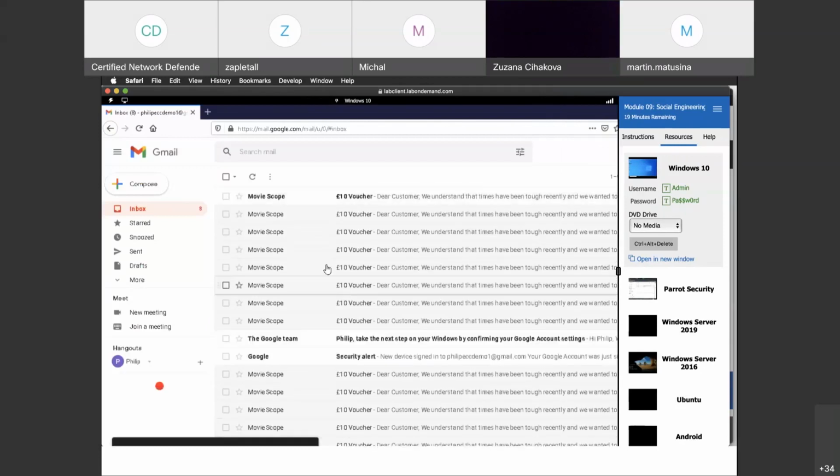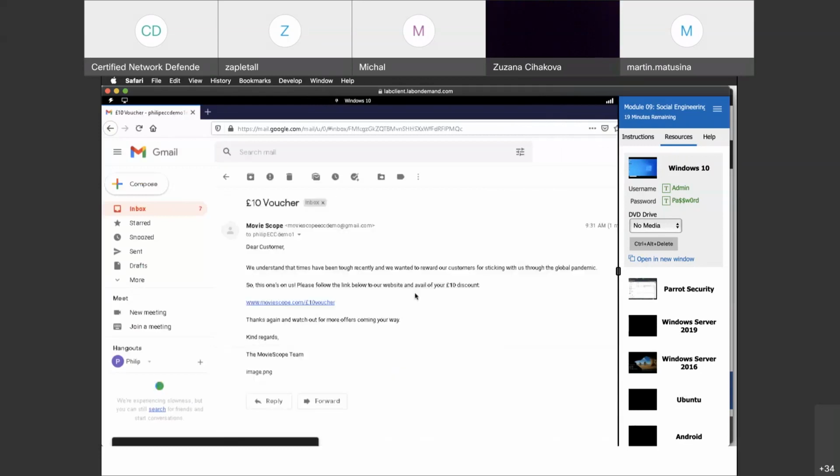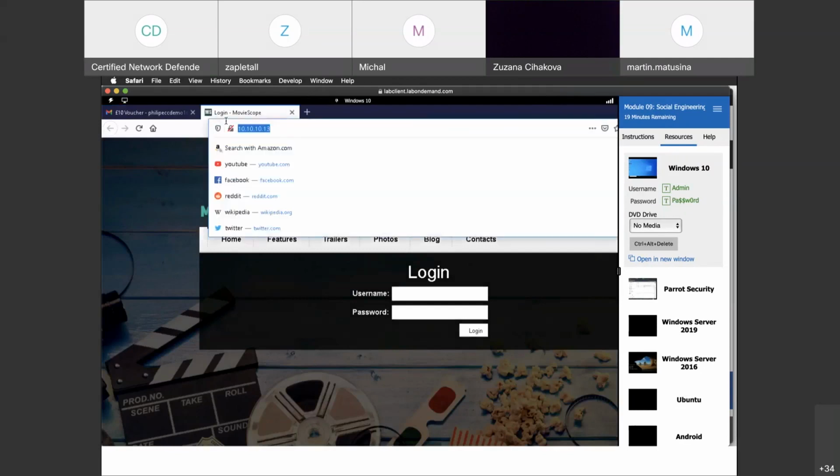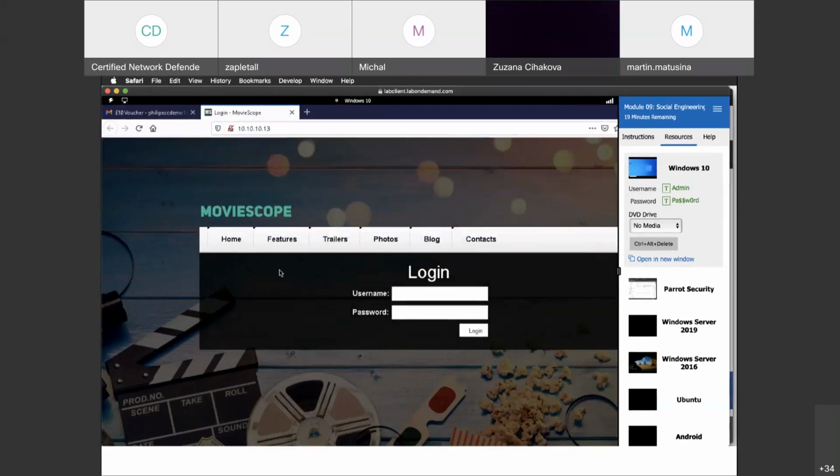So obviously all of these are from moviescope.com to this particular dummy account. But if we're clicking through, the unsuspecting victim doesn't notice it's a Gmail account. They click on the link. This is a carbon copy, a complete page scrape of moviescope.com, so it looks like it's come from that, but obviously you can see the hacker's IP address up there.